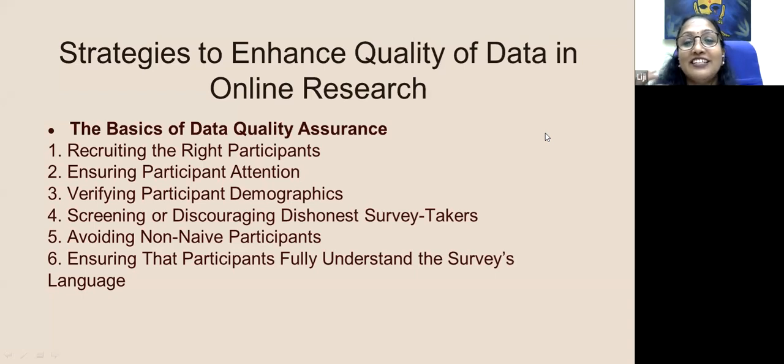Screen out the dishonest survey takers, discouraging them. Avoiding non-native participants is very important, ensuring that the participants fully understand the survey language. Your survey language is very important. Yesterday, Gupta sir was talking about which type of language you should use while doing the survey.